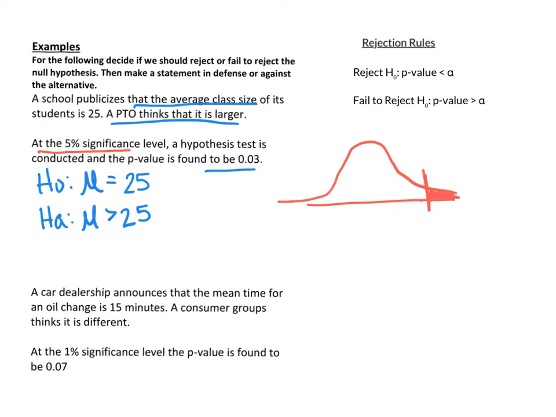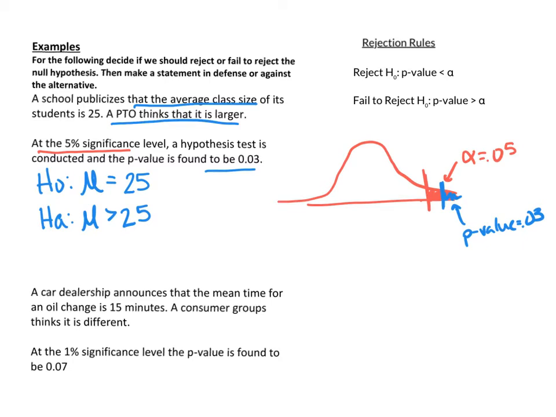This is the rejection region alpha, and this is equal to 0.05. We've gotten a test statistic that gave us a 3% chance of getting that value or something even more extreme, which means we've gotten a test statistic that sits out here where this is the p-value equal to 0.03. Notice where it falls. It falls in the rejection region.